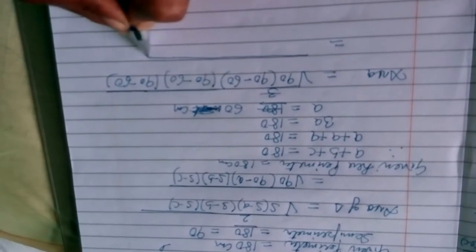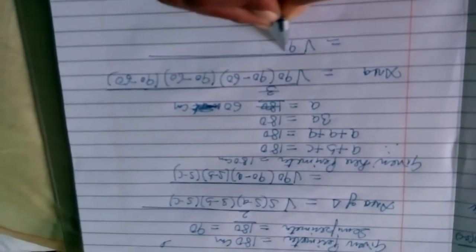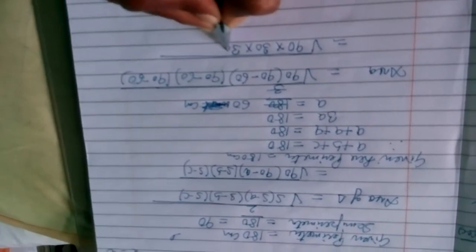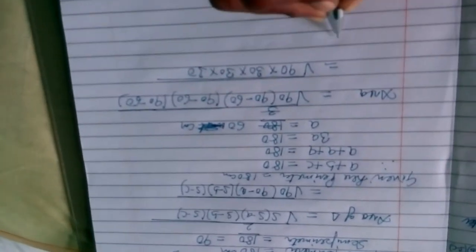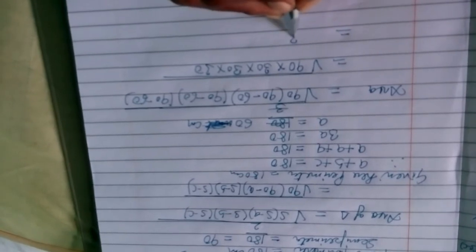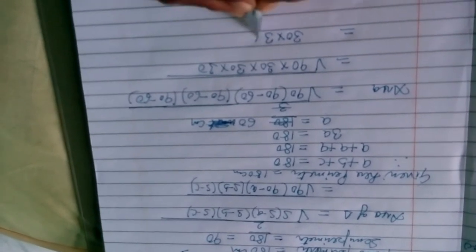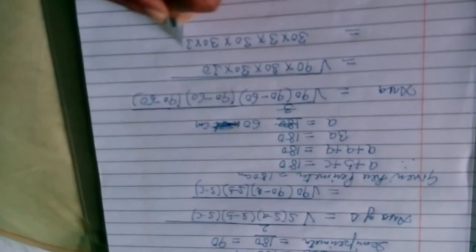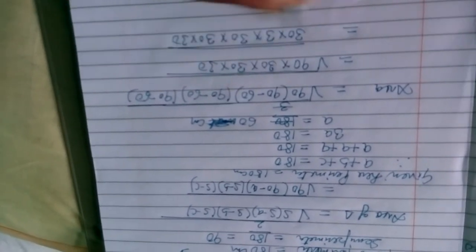So now just simply solve this, and when I simply solve this further, then I'll get 90 into 90 minus 60, 30 into again 30 into 30. So again 90 can be written as 30 into 3 into 30 into 30 into 30. Now here you can see how many pairs of 30 there are.